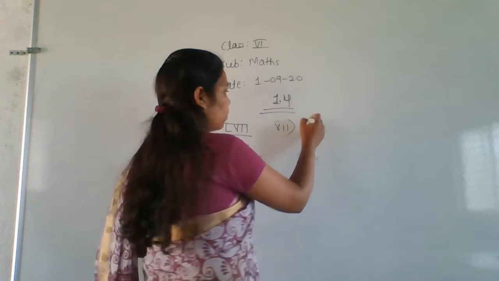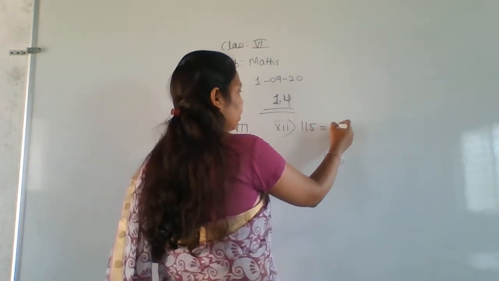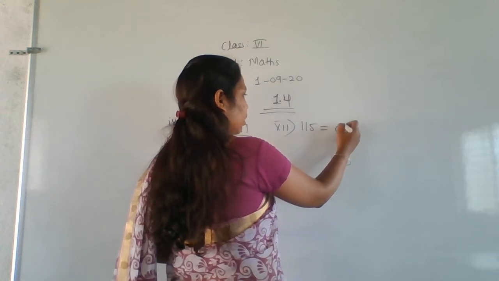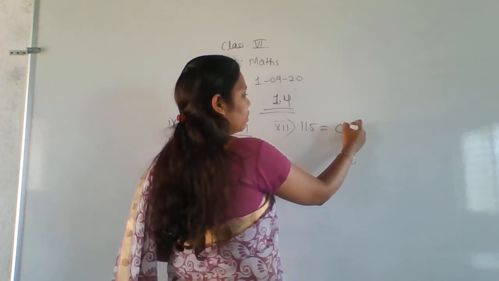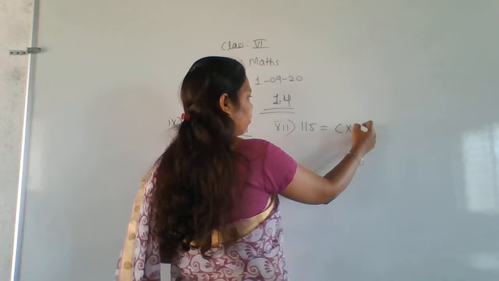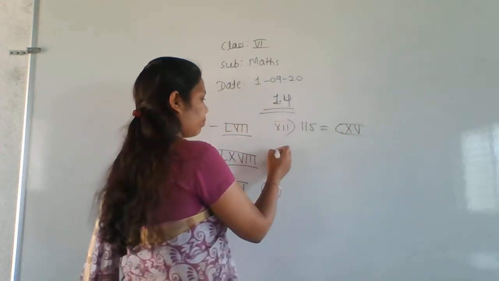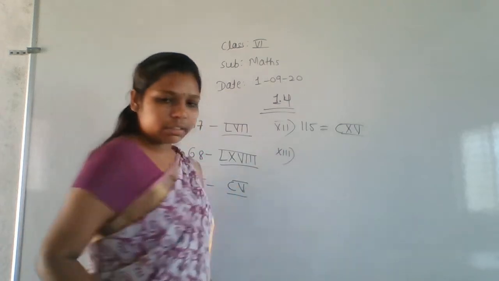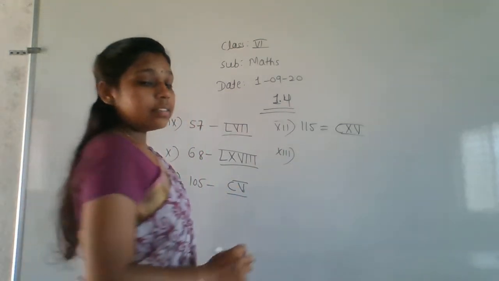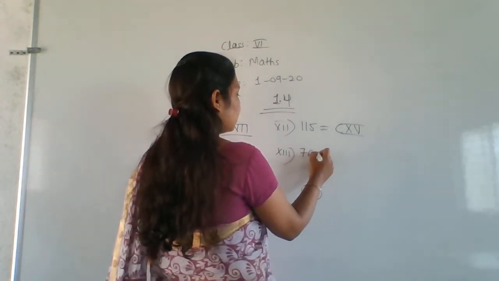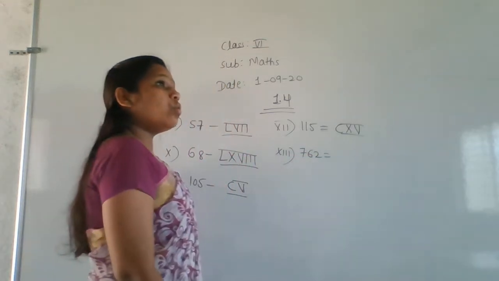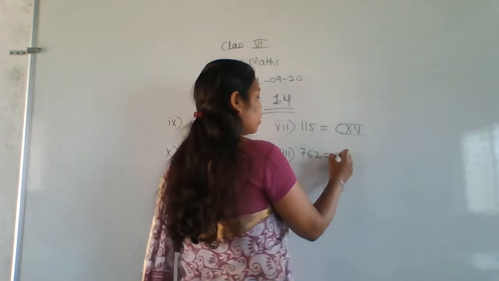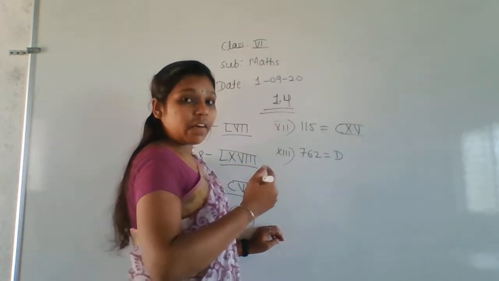12th one is 115. 115 is equal to what here? C 15 means X 5 means 15. 13th one is 762. Okay. So 500 means D. After that 200 we want, which makes 700.